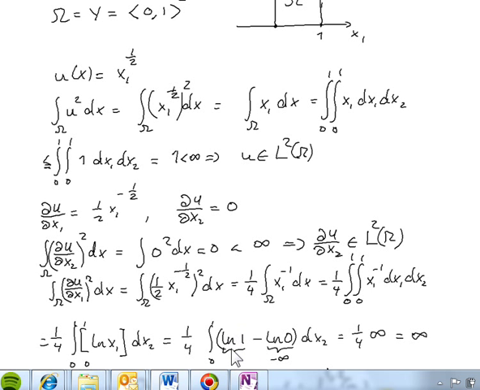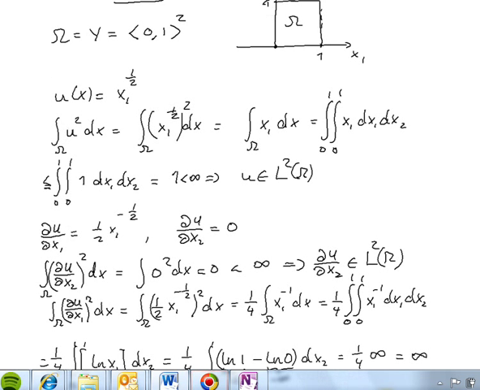So then we obtain that this integral is infinitely large.